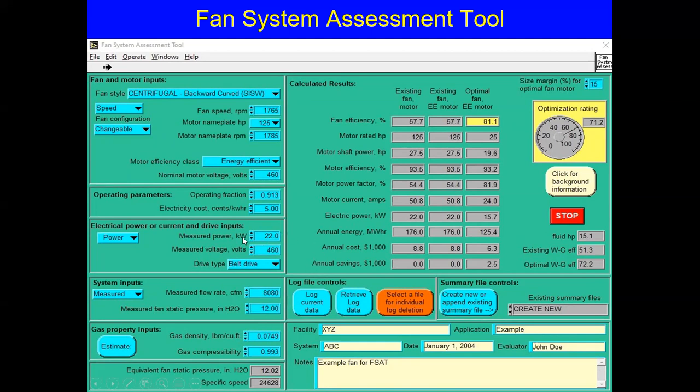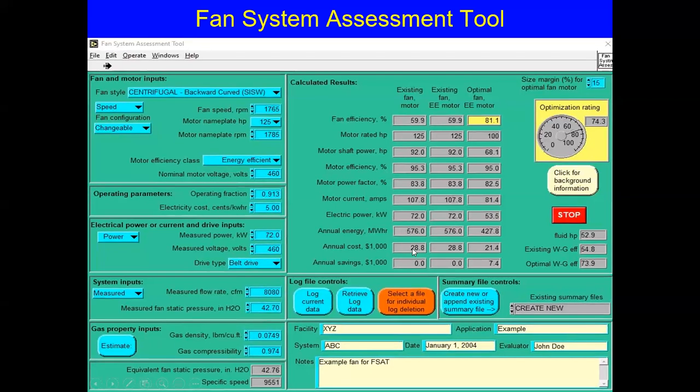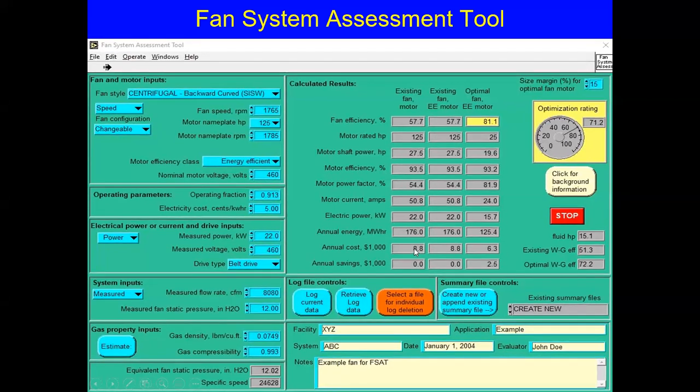And he had a measured power from his study of 22. So we say it's going to fall to 22. So my fan efficiency is going to change a little bit to 57.7. But there's my $8,800 a year operating cost. So then my savings are bearing out here. It's the 28.8 minus the 880.